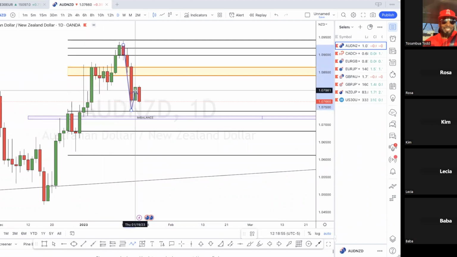Came down, it pulled back. It can continue selling down, or it may meander back up here to then sell down. So it may come to the imbalance first and then buy back up, or meander to the upside and sell back down.